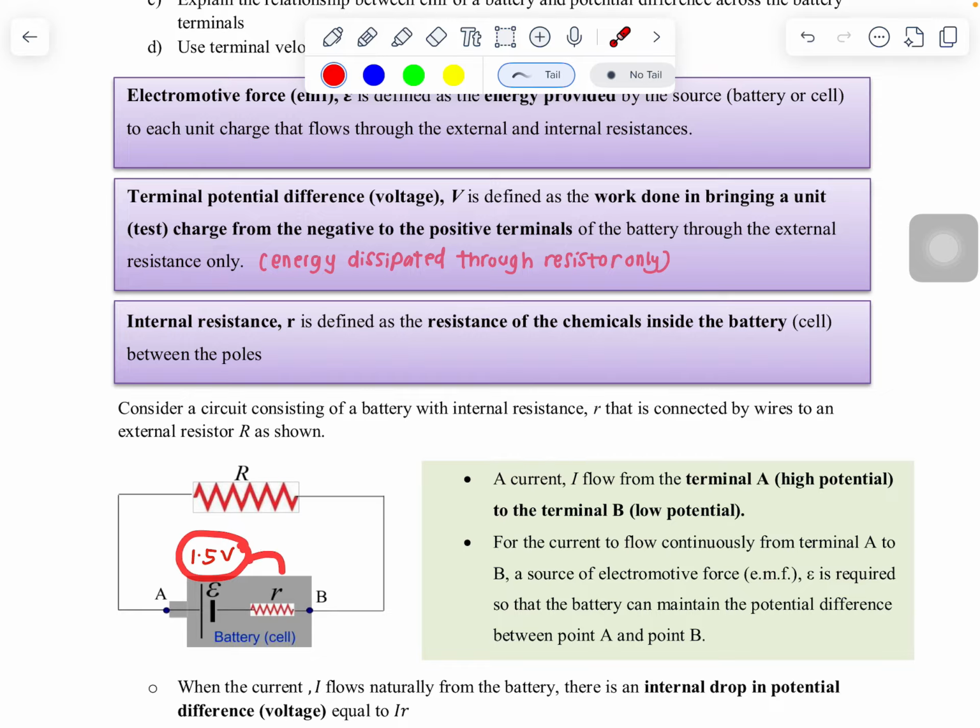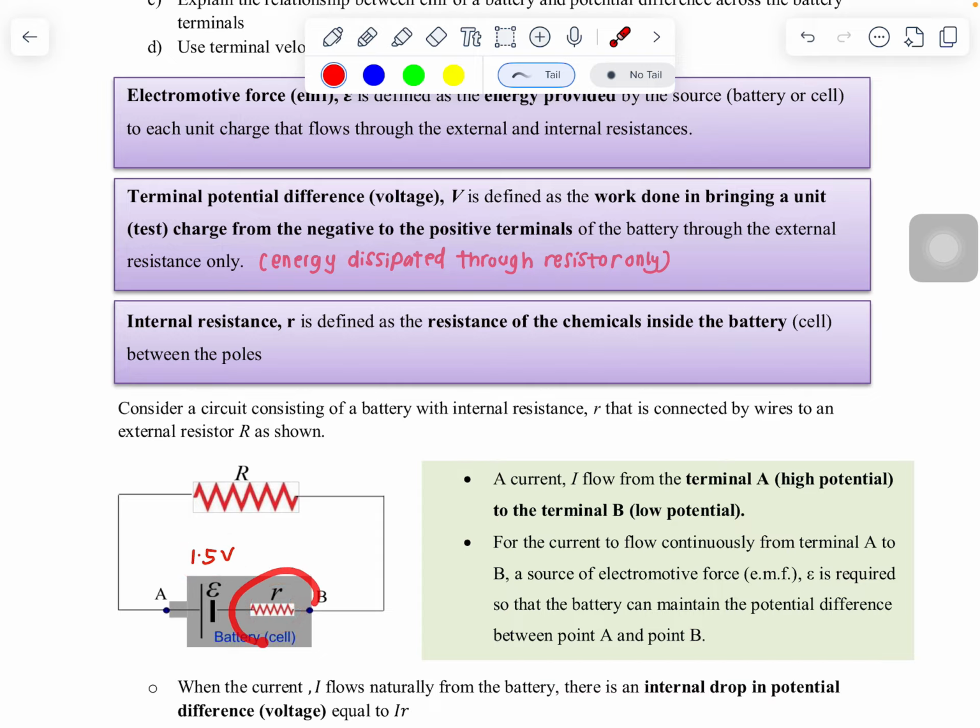So the first component it meets is the internal resistance. Internal resistance is a resistor inside the battery. It only exists inside the battery and its value is very small, usually very small value. So remember, what is the function of a resistor? Resistor, or in Malay, rintangan. Its main function is to limit the flow of current.